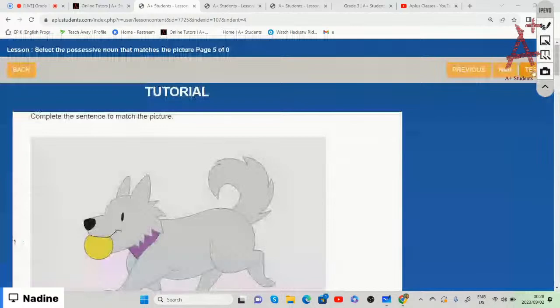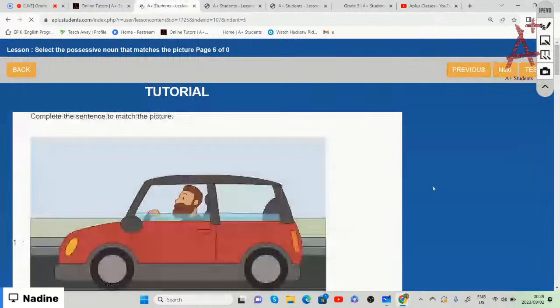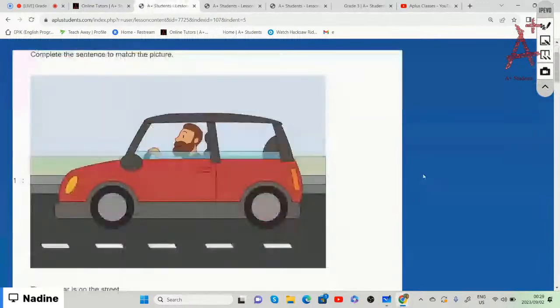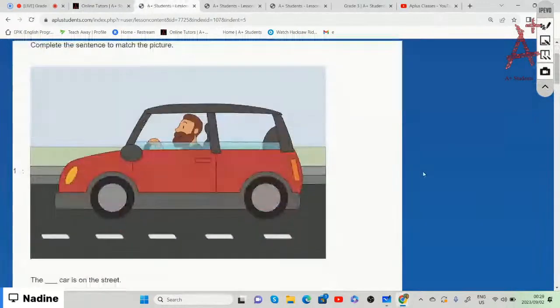All right, we're going on to the last one, and then we're going on to our test. It says we need to say what car is on the street.